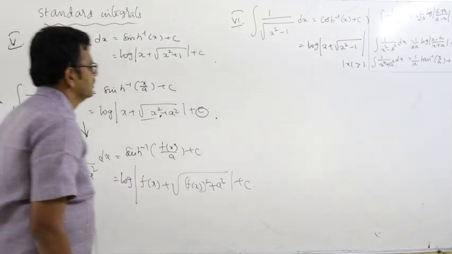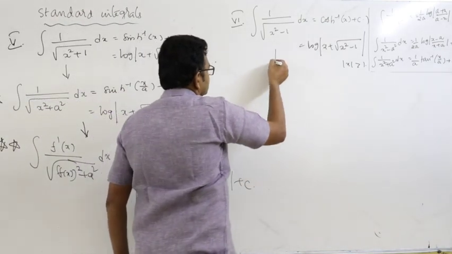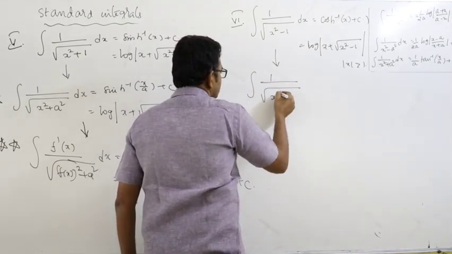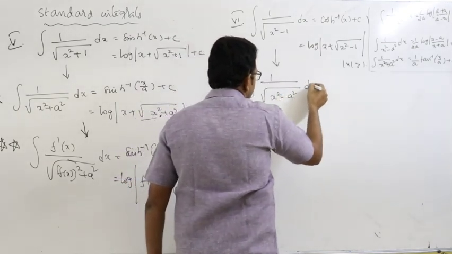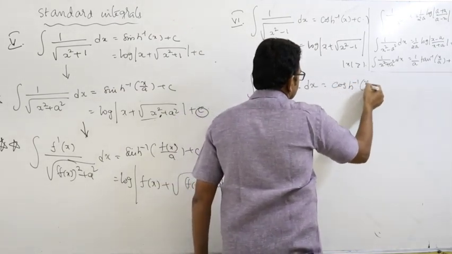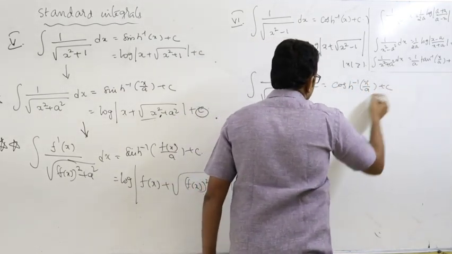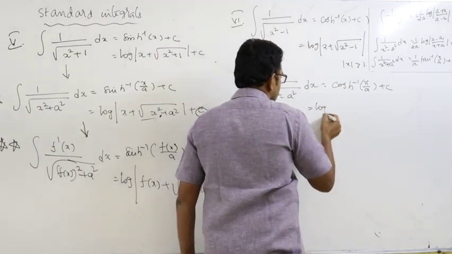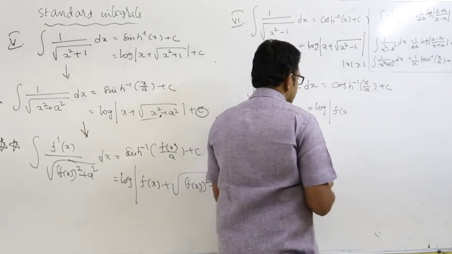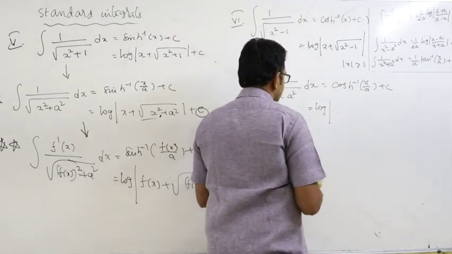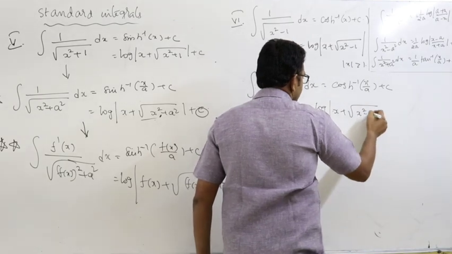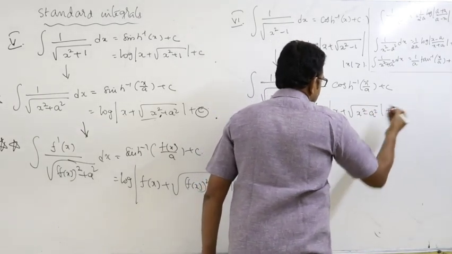You know this formula. For this, integral 1 by root of x square minus a square dx is equal to cos h inverse of x by a plus c, or in terms of log, log of mod of x plus root of x square minus a square plus c.